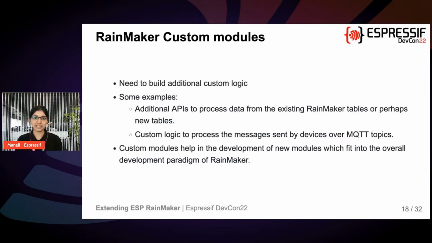This may be required to build additional custom logic, maybe additional APIs or additional logic to process the MQTT messages. The custom modules that you develop will actually be on top of Rainmaker, so they need to follow similar architecture, and this will fit into the overall paradigm of Rainmaker, wherein it will have serverless services used.